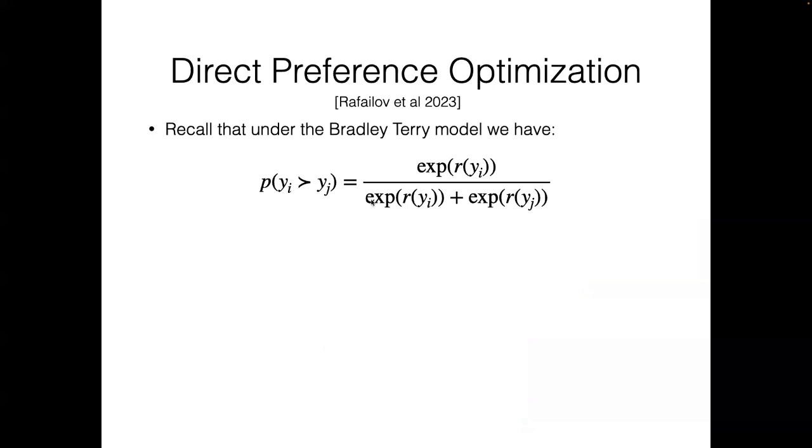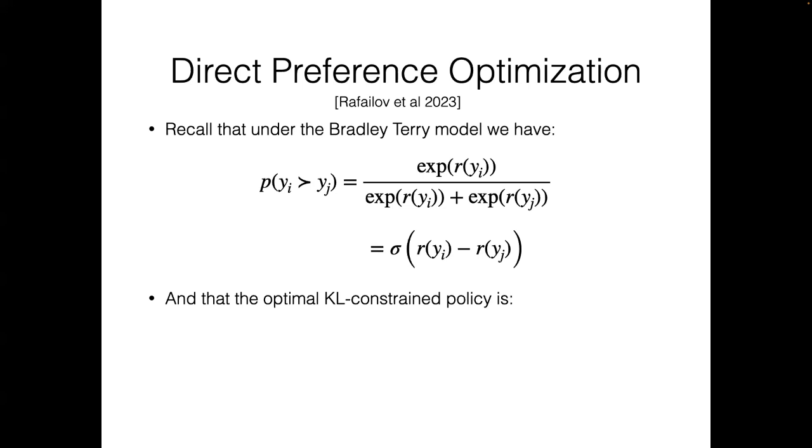So here was the Bradley-Terry model that we saw before. And you may remember that I told you about this optimal policy that you get for the KL constrained reinforcement learning problem. And it has this form.